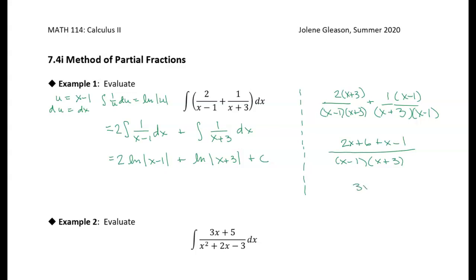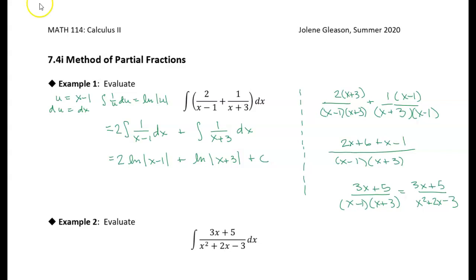I'll end up with 3x plus 5 over x minus 1 times x plus 3. And if I were to multiply the denominator out, I would end up with x squared, and then I have minus 1x plus 3x, which becomes 2x, and then minus 1 times 3 becomes minus 3. So you can see it's the same. This matches, so it's the same problem.